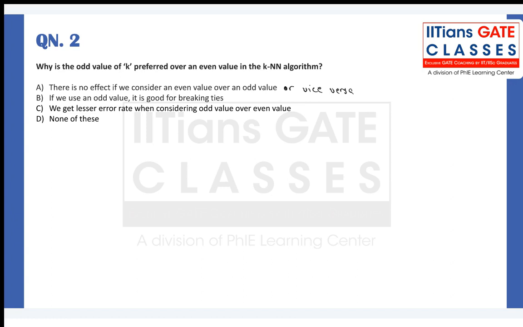Let me give you a small hint. Suppose the value of k is 4, okay? And let's say you are considering a point x for which your k nearest neighbors are this and this. So you are considering 4 points. What will you predict for x? Which class will you predict for x? Red or green?